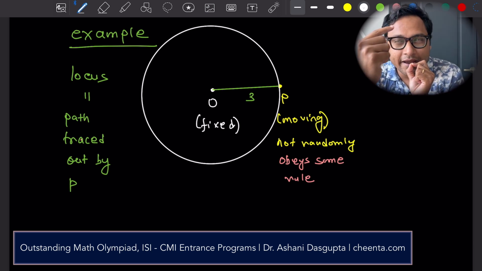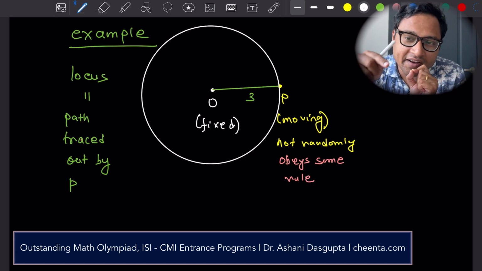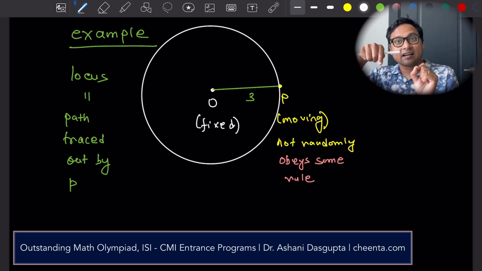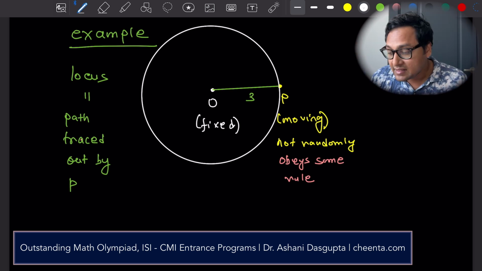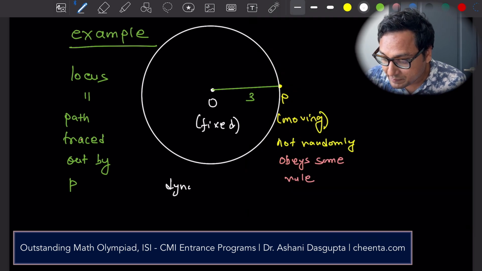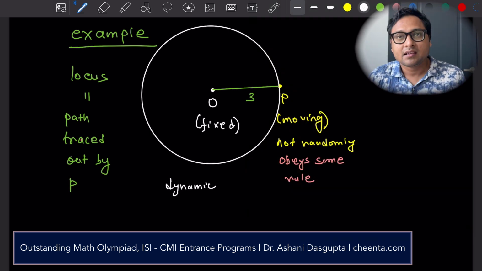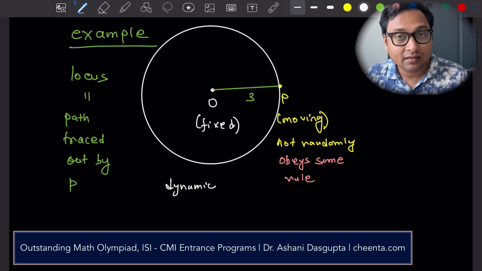You can train your mind to think like that. The point P is moving and the path is slowly getting traced out and now it's creating a circle. It's a dynamic thing that's happening in your mind. So this is a dynamic picture. The circle is appearing in front of your eyes.